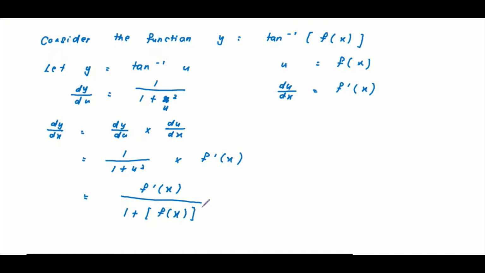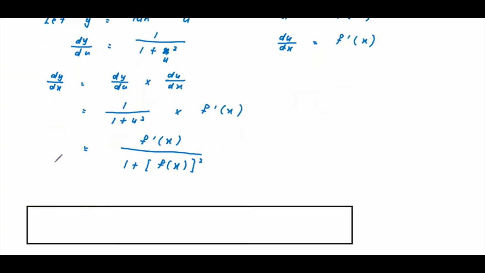This will be a little more complicated compared to the sine, cos and tangent just now, but it is basically the same thing: you differentiate what is inside your function, then multiply it over 1 plus the function squared. Let me write it here.